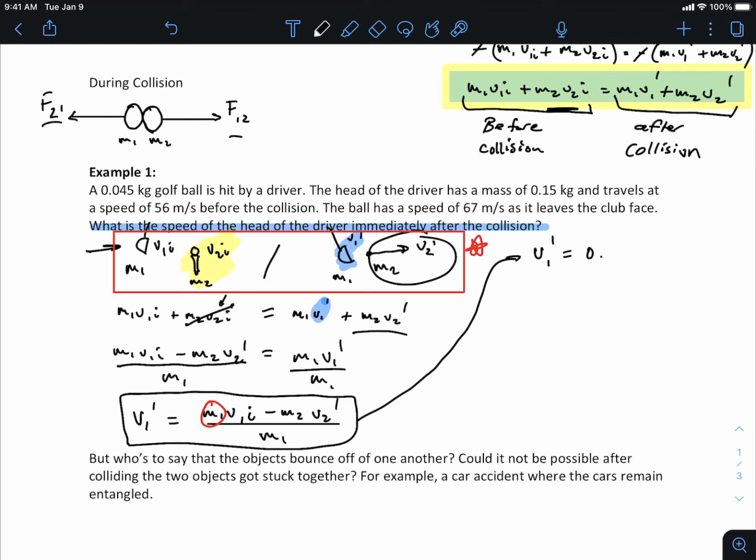So 0.15 kg, well, you don't need the units. We won't put the units in. They're helpful. You probably should, but we're just out of room here. And then V1 initial. That's the speed of the driver head, 56 meters per second.